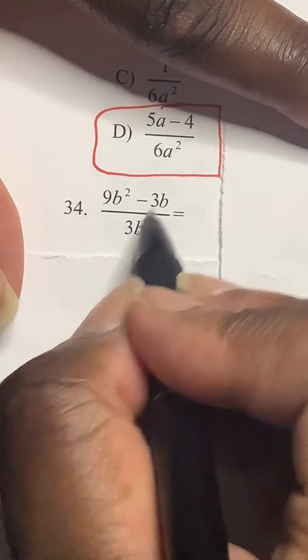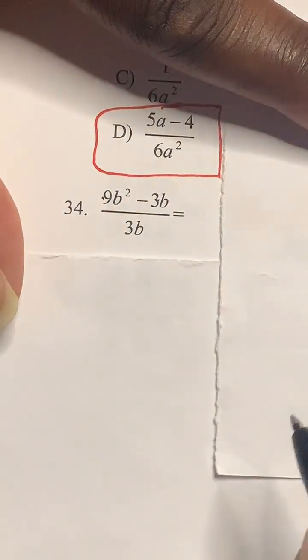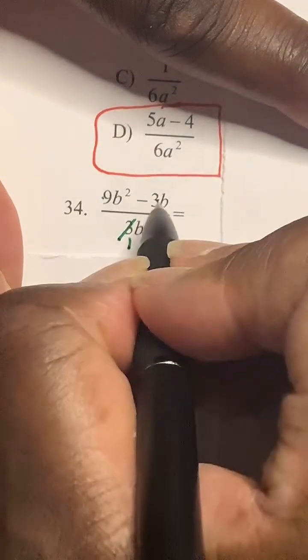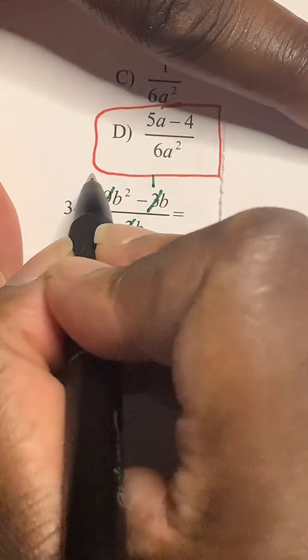Couldn't I just reduce all the 3's by 3? So 3 divided by 3, that'll give me a 1. 3 divided by 3, that'll give me a 1. 9 divided by 3, that'll give me a 3.